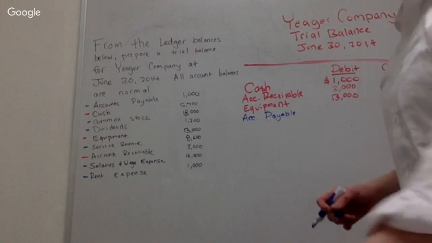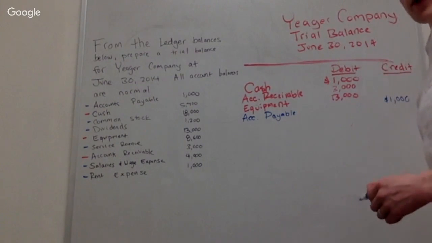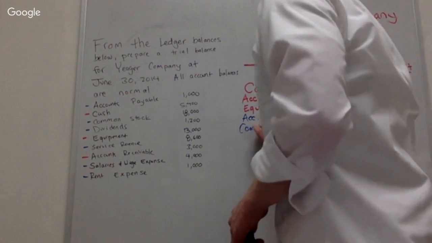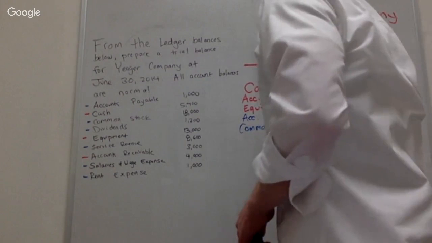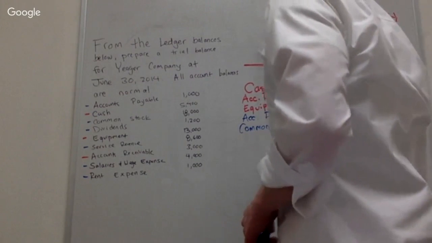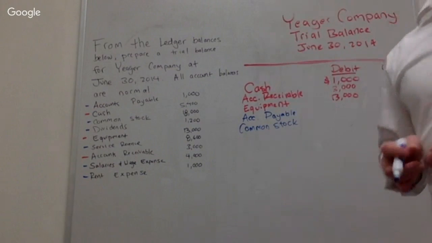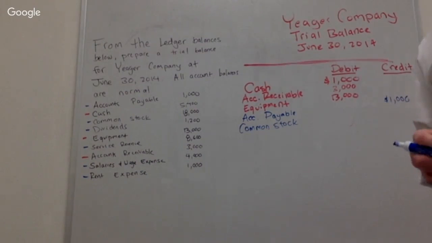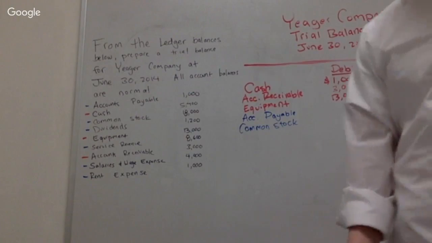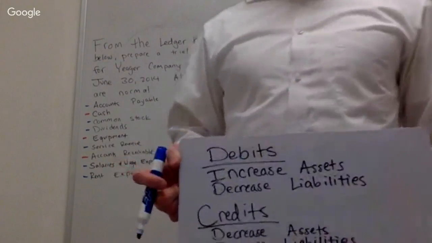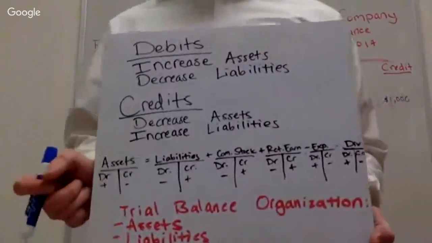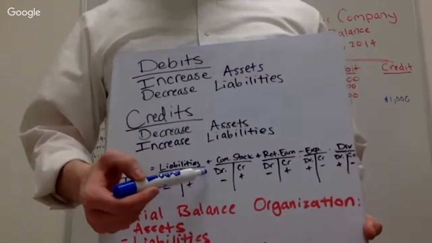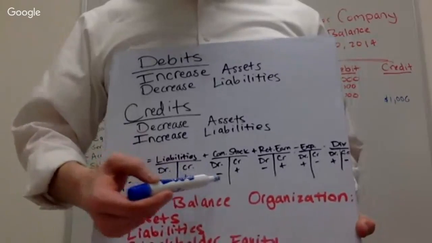Kind of as we move on, we're going to go into our common stock. And again, we do classify it as a liability. Now the question is, does common stock increase or decrease our liability? And here, if you notice in the expanded accounting equation, we're going to be adding our common stock.